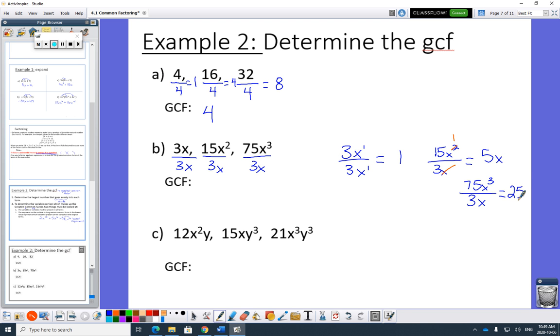And then again, you have 3 minus 1, which is squared, or you cancel out 1 here, and 3 subtract 1 is 2. So now we check. Can 1, 5x, and 25x squared be divided by anything else? No. So the greatest common factor is 3x.